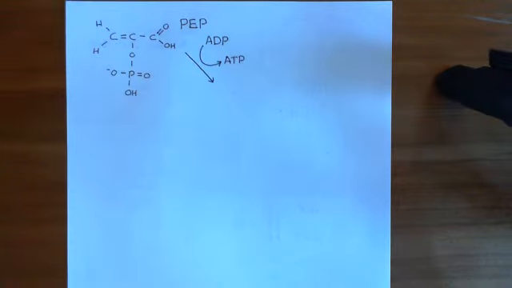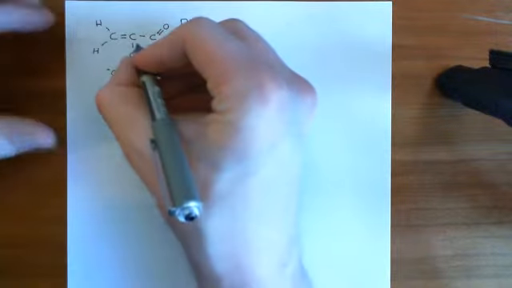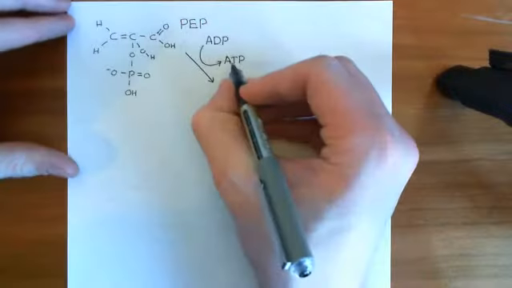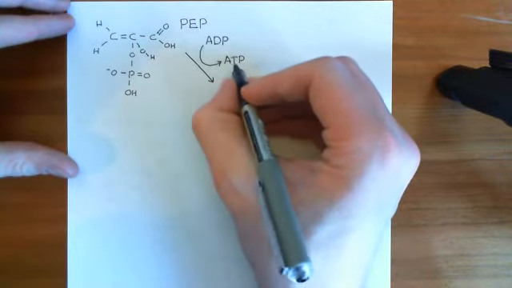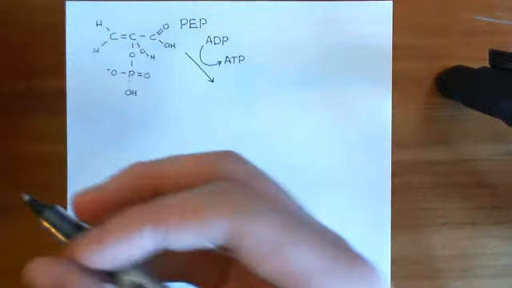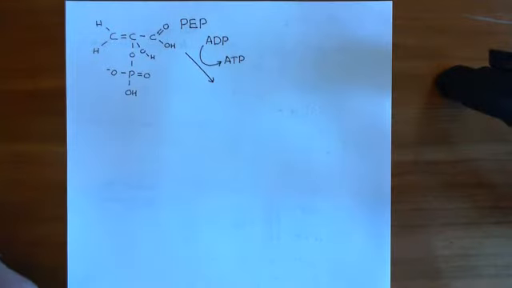So imagine, as a temporary halfway step, that it's been replaced by an alcohol group. So we've given the phosphate group away onto the ADP molecule to create ATP, and we've then got an alcohol group here. Now, it doesn't stop there. We're going to rearrange this molecule a bit more.